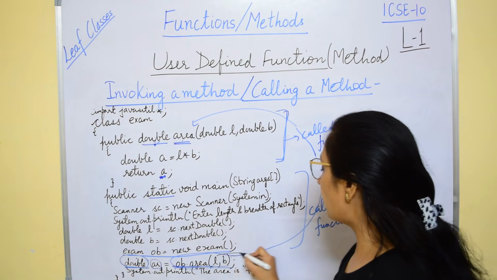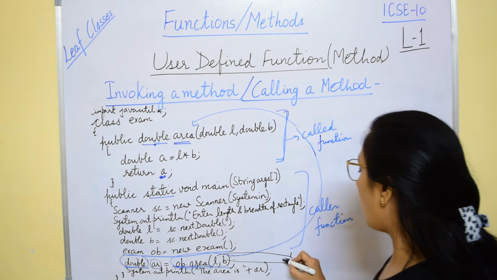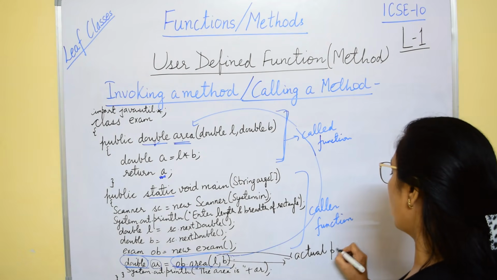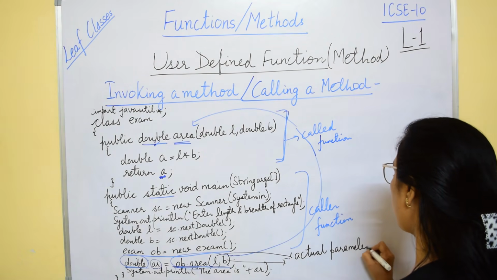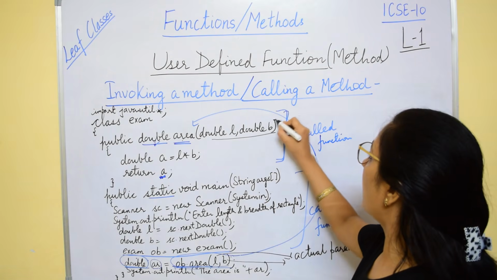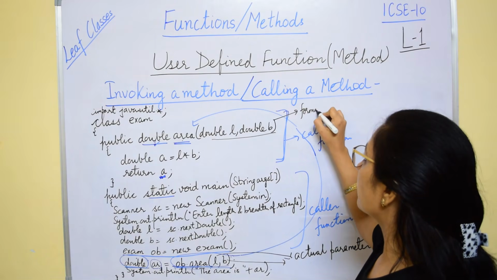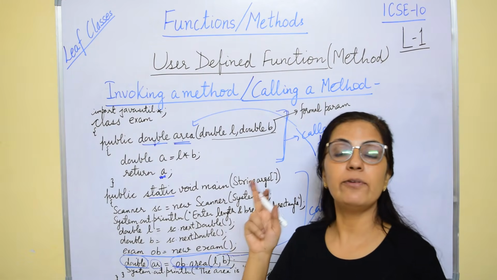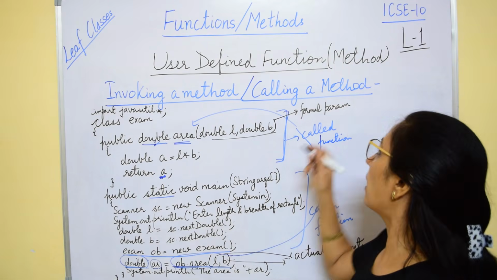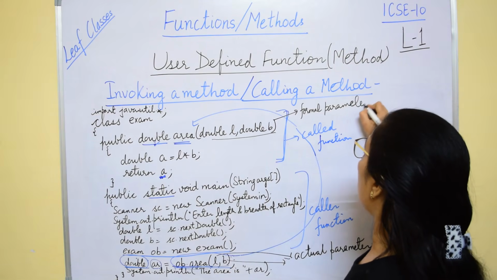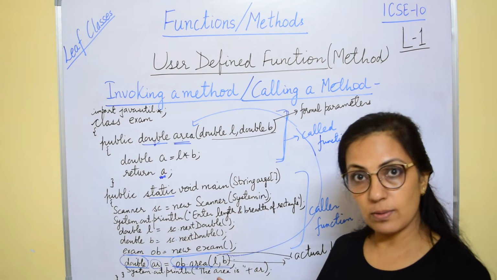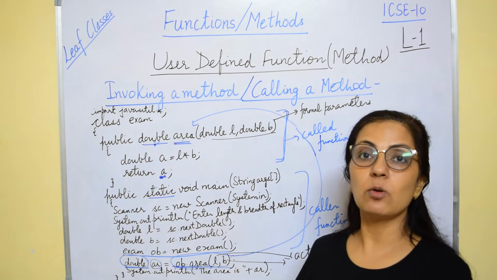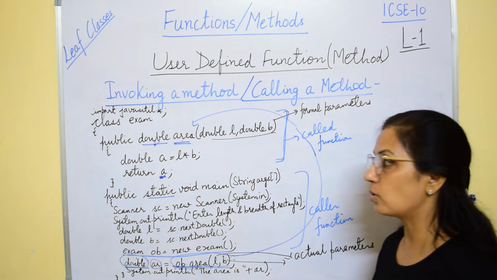The values which you give in the caller function, these are known as actual parameters, and these are known as formal parameters. जो कॉल्ड फंक्शन में, जो यूजर डिफाइंड फंक्शन में पैरामीटर्स यूज करेंगे उनको बोलेंगे फॉर्मल पैरामीटर्स, और जो कॉलर्स में जो हम कॉल करते टाइम जो पैरामीटर्स देंगे, those parameters are known as actual parameters.